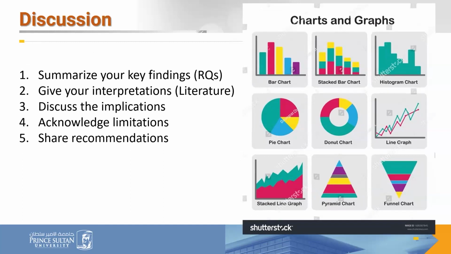You don't only explain the results you find, but you also try to relate them to other studies. So you will say that I found that students in Saudi Arabia perceive ChatGPT as a very helpful tool, and they use it to improve their academic writing.